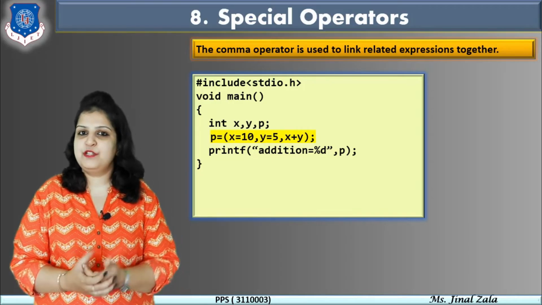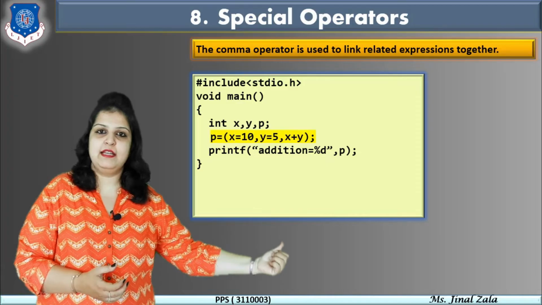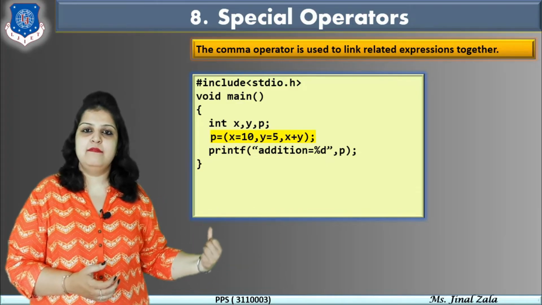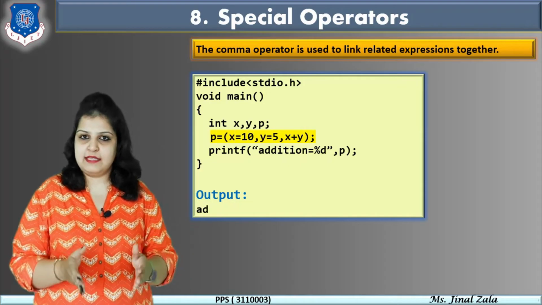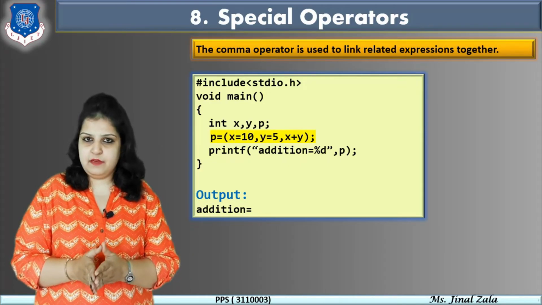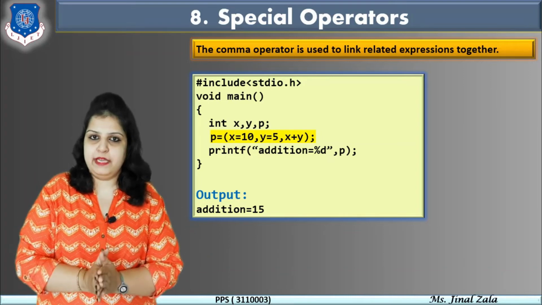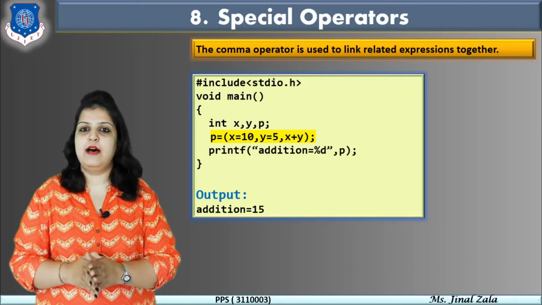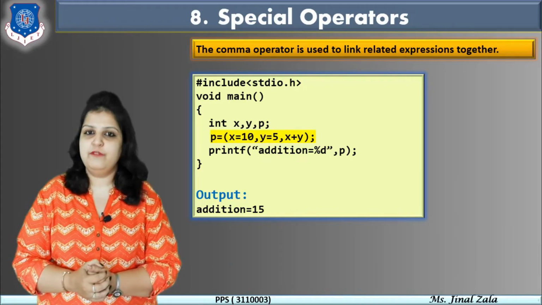So how will this expression be evaluated? First the value is put at the place of x, and then 5 is put at the place of y. Then x plus y will be executed, so our answer will be 15, and 15 is assigned to our final variable p. So when you print the value of p, it will print 15.